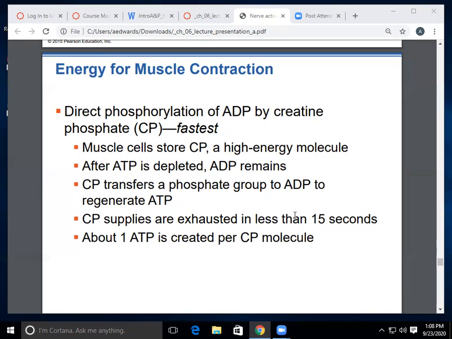So it doesn't take too long to get rid of all of your creatine phosphate. Now, for every creatine phosphate, you can get 1 ATP because there's 1 phosphate, right? So it's fast, but it's not getting you all the ATP you're going to need. And it's fast because there's not a lot of steps involved.